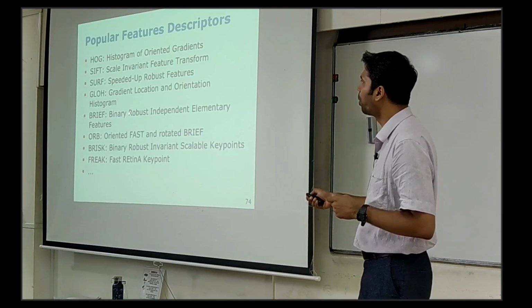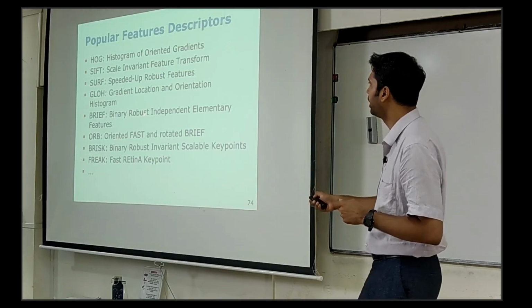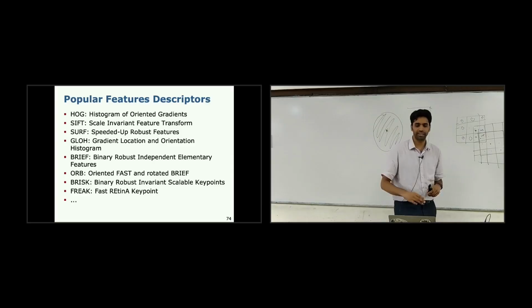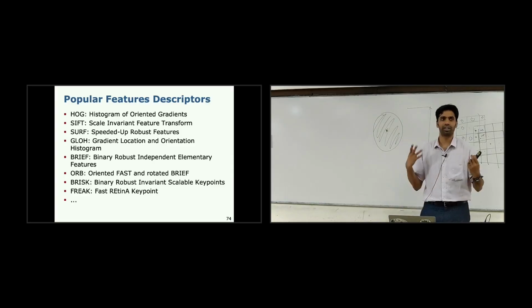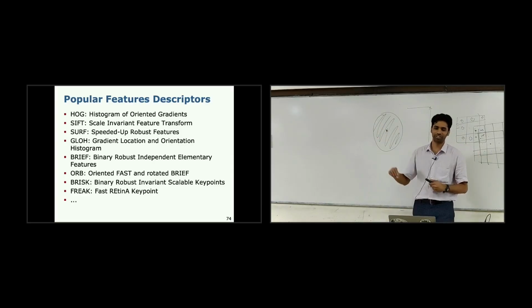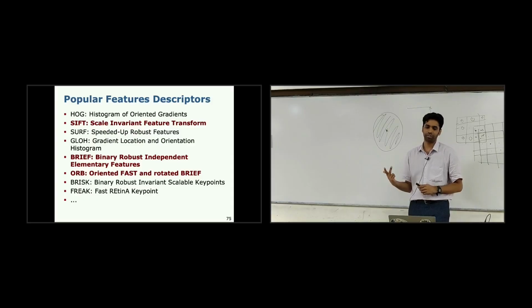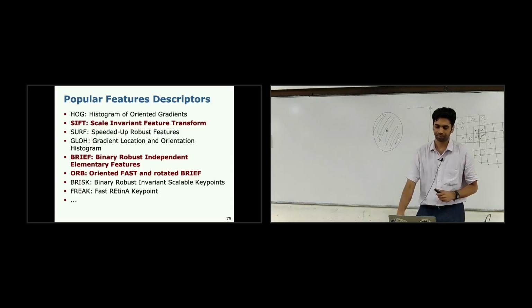Other things like GLOH, and there are some other binary feature descriptors. So let's say in the 90s, if you were a computer vision researcher, your aim would have been to come up with a new one of these because you wanted some extra properties and so on. So we'll look primarily at these three today: SIFT, BRIEF, and ORB, and look at how they differ from each other.